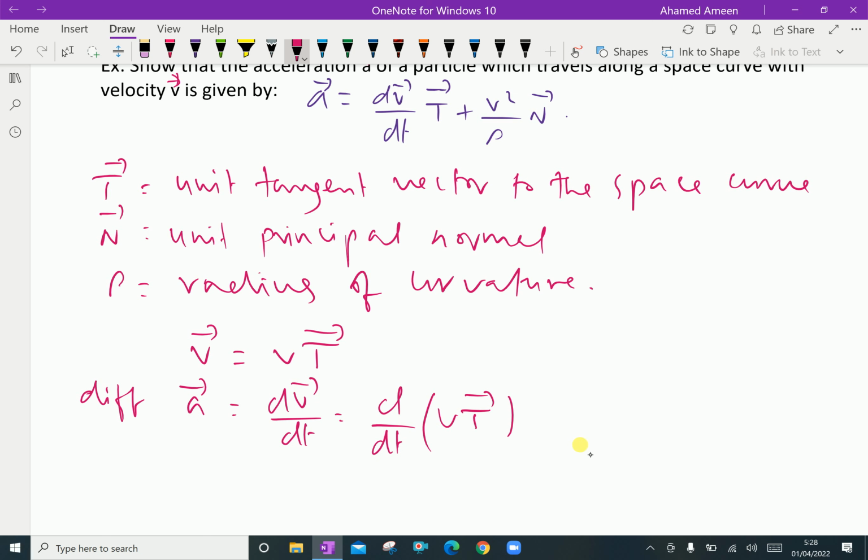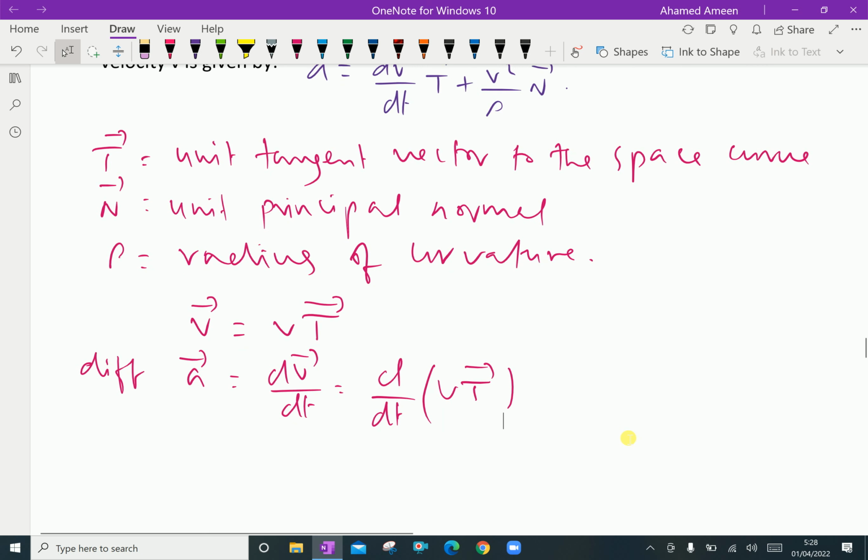Now this is a product rule which gives dv by dt t vector plus v into dt vector over dt.